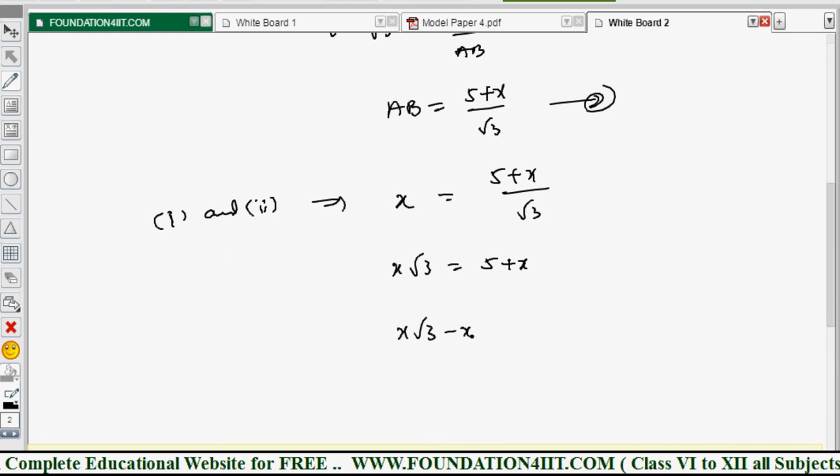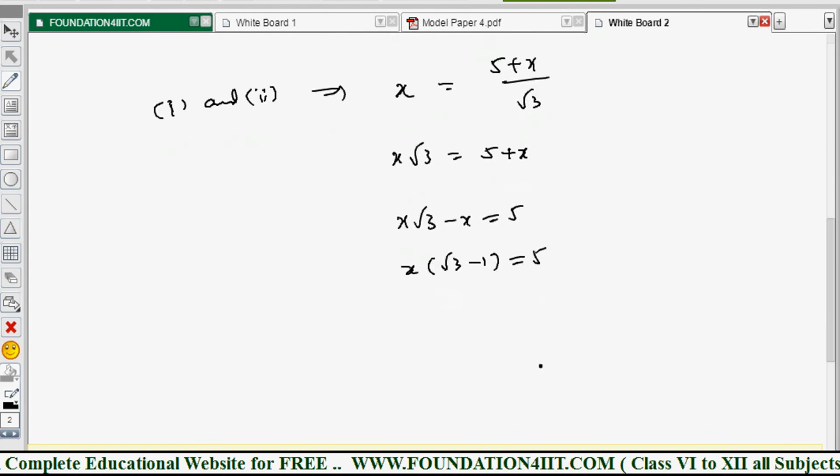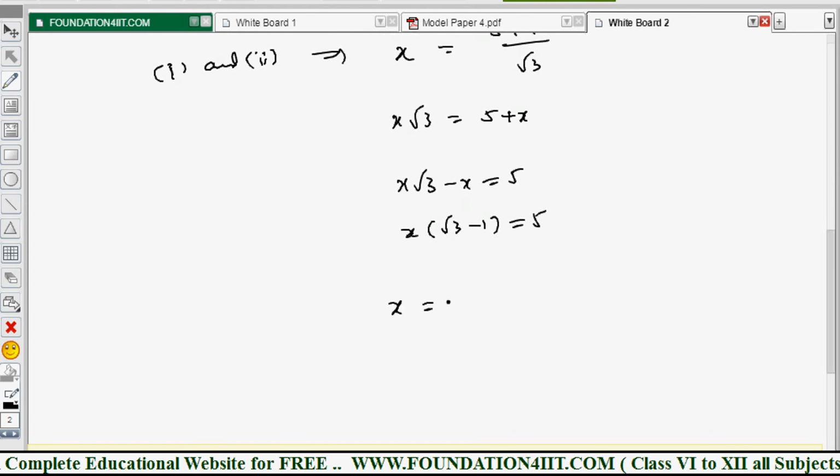Then x root 3 minus x is equal to 5. Taking x common, x times root 3 minus 1 is equal to 5. Simple. From this you can find the value of x. x is equal to 5 by root 3 minus 1. Just rationalize the denominator. The denominator is root 3 minus 1. If we rationalize it, multiply by root 3 plus 1 over root 3 plus 1, right?